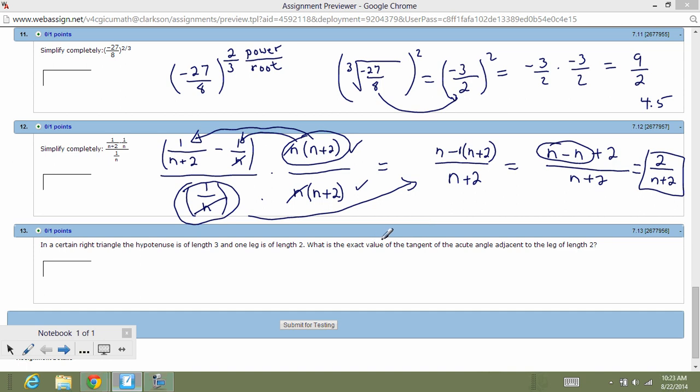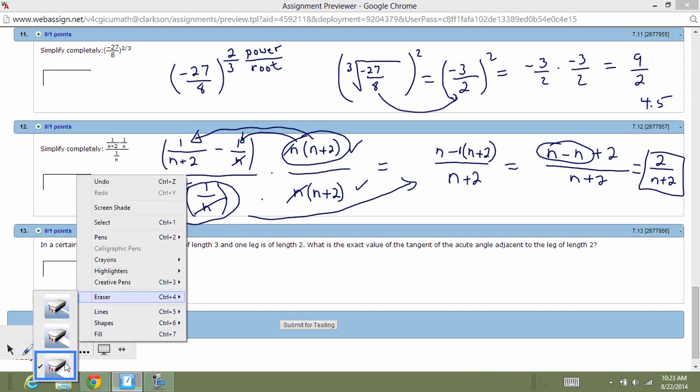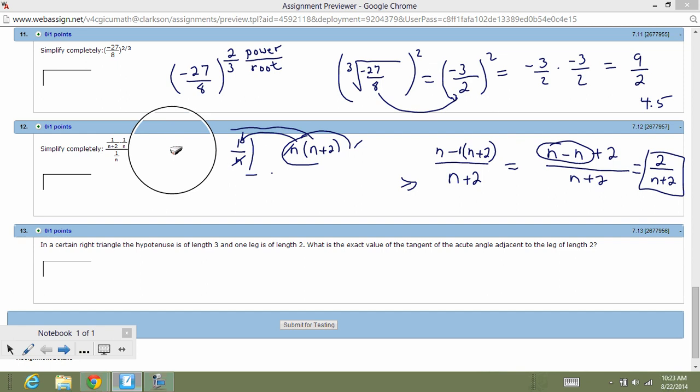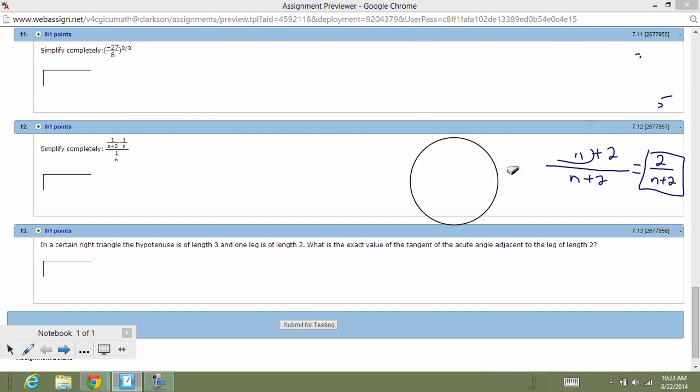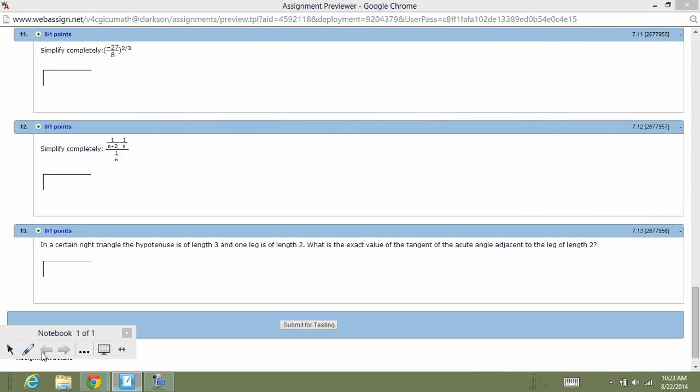All right. Clean up and do the final question of not only this unit test, but of the refresher program. And so there we are. Get rid of that. Get back to our writing implement here. It says in a certain right triangle.